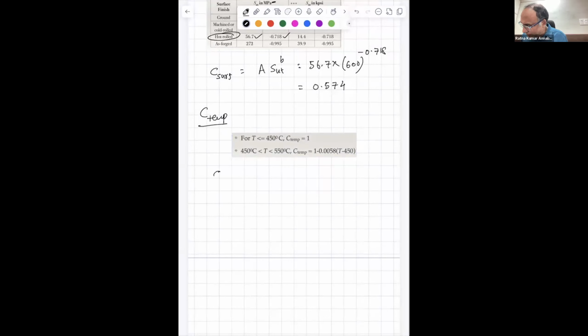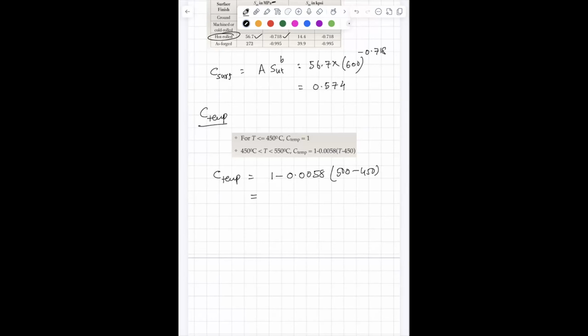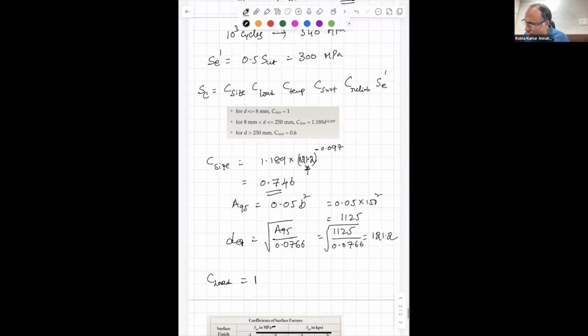So the C temp is equal to 1 minus 0.0058 into 500 minus 450. What is C temp then? 0.716, so 0.71. Good. Any other thing that we forgot?